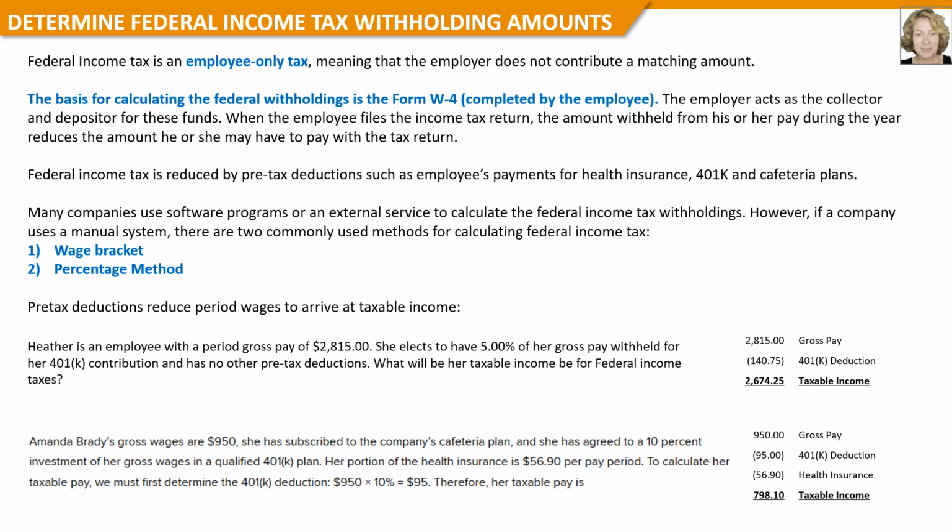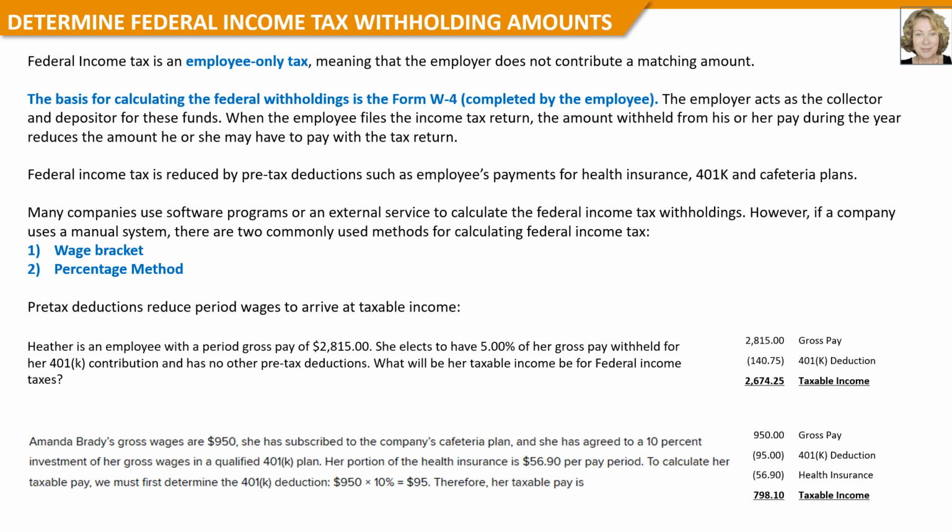What will be her taxable income for federal income taxes? We write down the gross wage of $2,815 and then calculate the 401k deduction, which is $2,815 times 5% or $140.75. We subtract the pre-tax deduction from the gross pay, which results in $2,674.25.